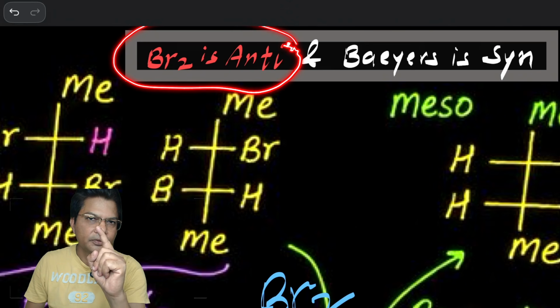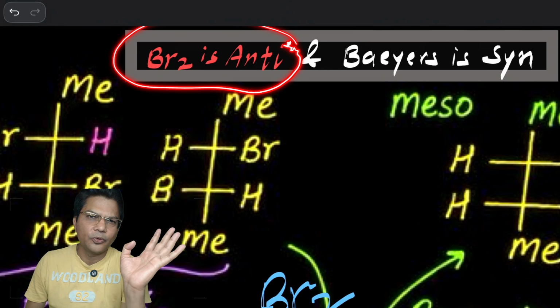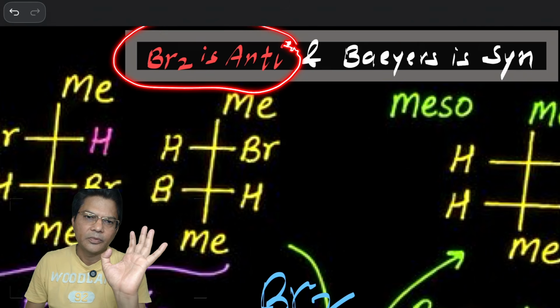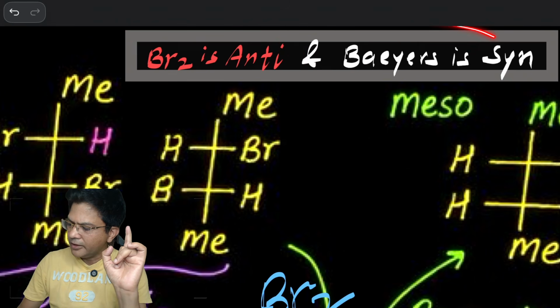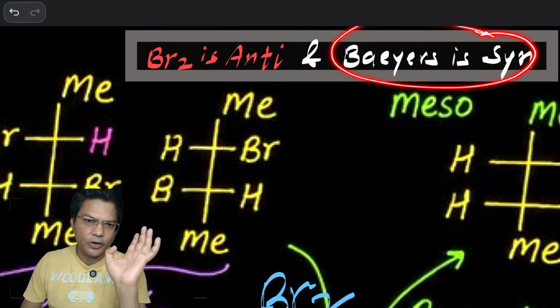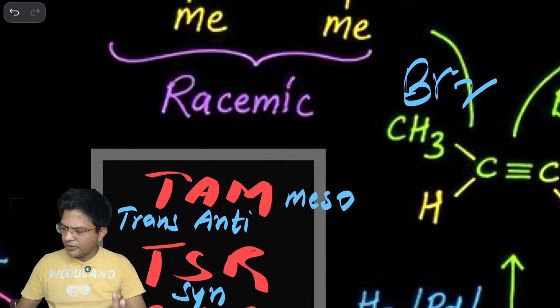Detailed analysis, but examiner is not going to ask. So just remember, whenever Br2 is getting added or eliminated, it will do anti. And Baeyer's reagent will do syn. Baeyer's reagent is 1% cold dilute alkaline KMnO4. Now, what is the meaning of it? Just see.